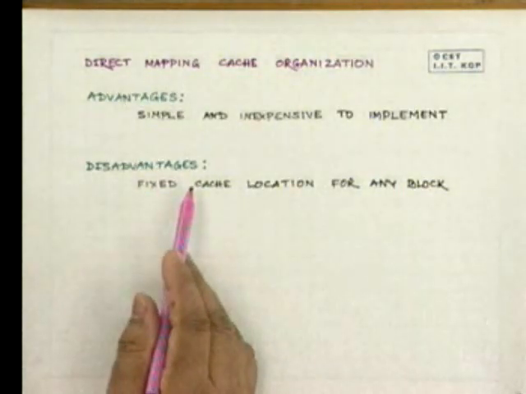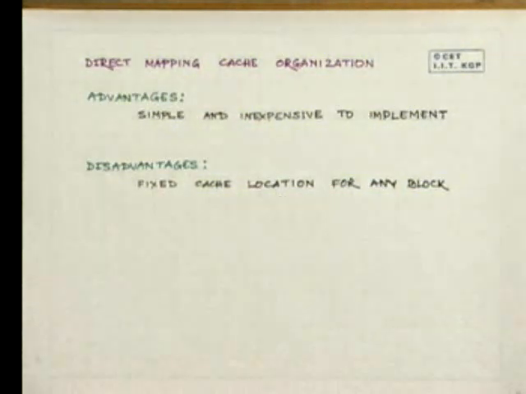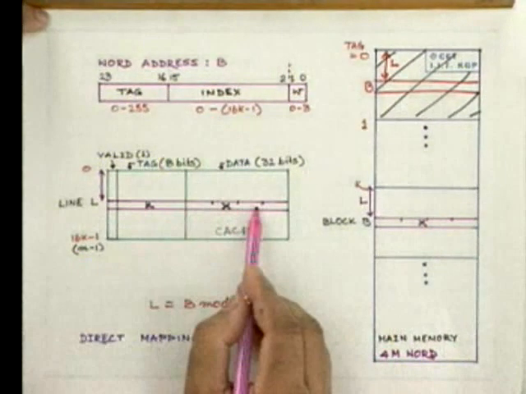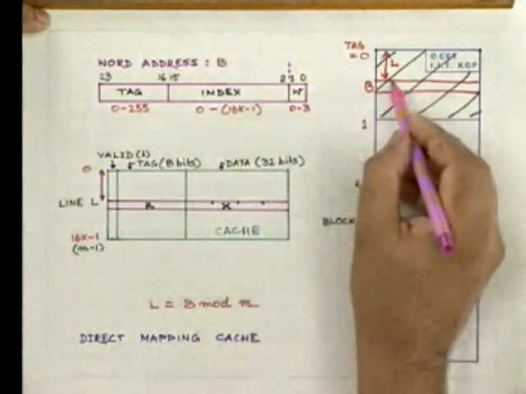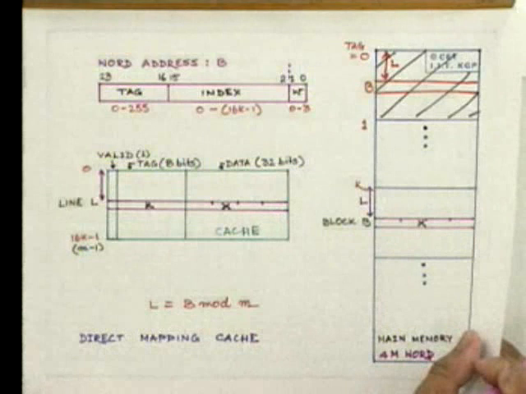The disadvantage is that it's a fixed cache location for any block, as we have been telling. All of them are mapped into the same cache location, right? This creates a disadvantage.